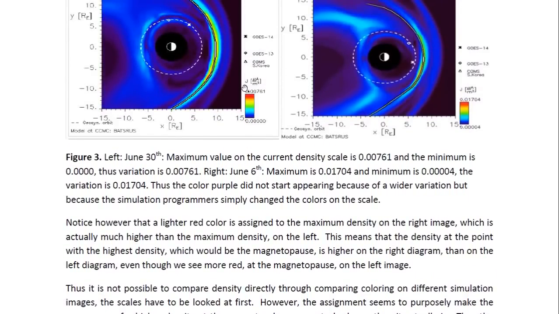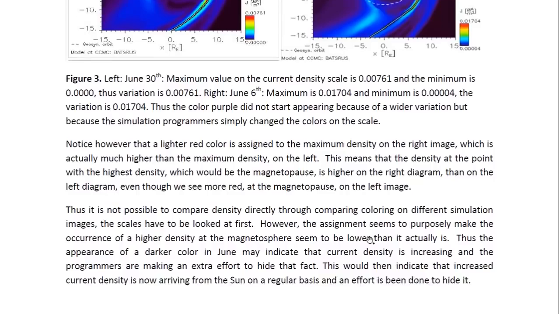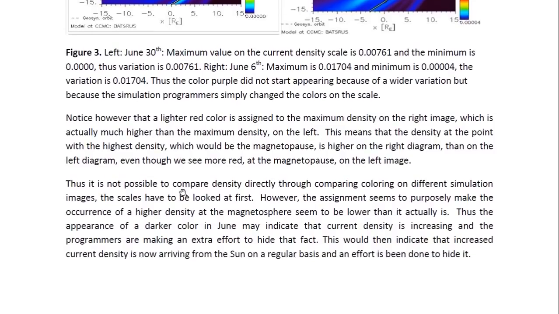You tend to think that when there is a higher density, there's actually lower, and when there is lower, there's actually higher. So first of all, it's not possible to simply compare density directly through comparing coloring on different simulation images. The scales have to be looked at first.